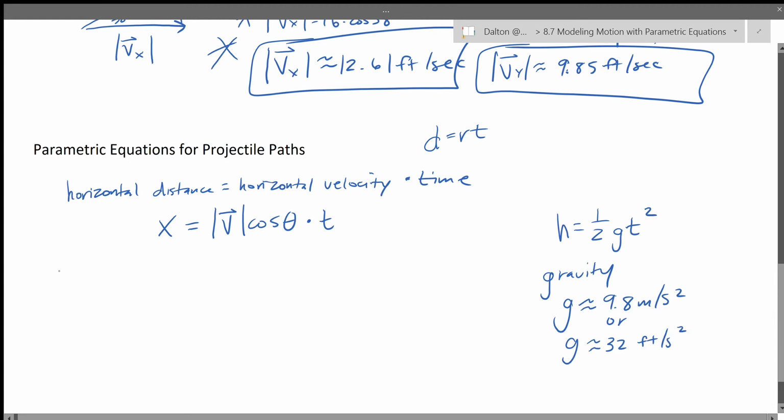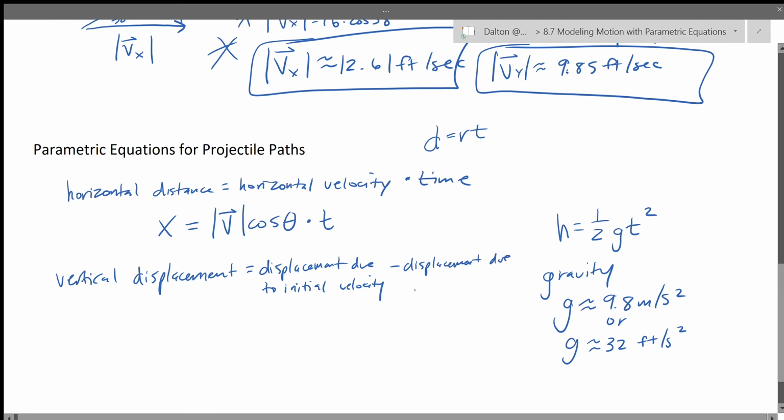So over here, vertical displacement is going to equal the displacement due to initial velocity minus displacement due to gravity.